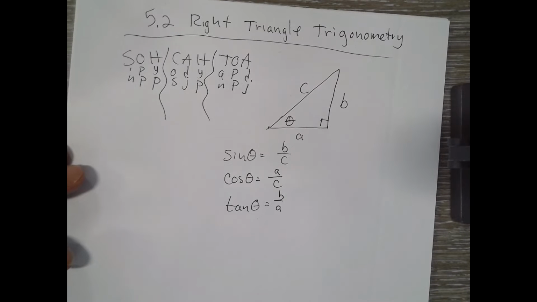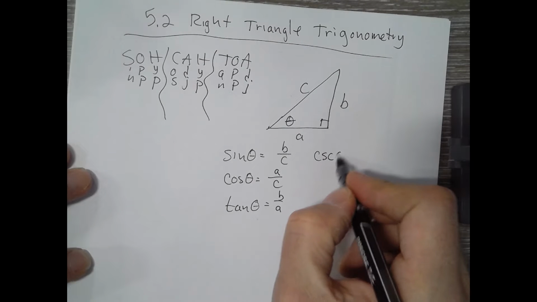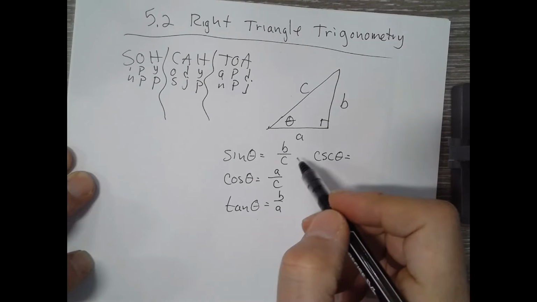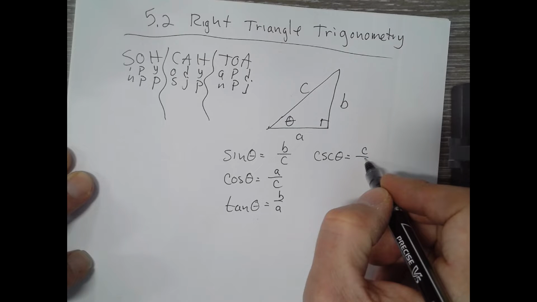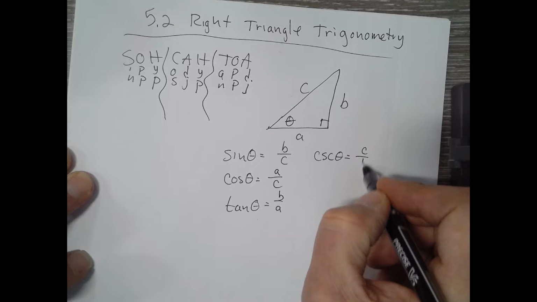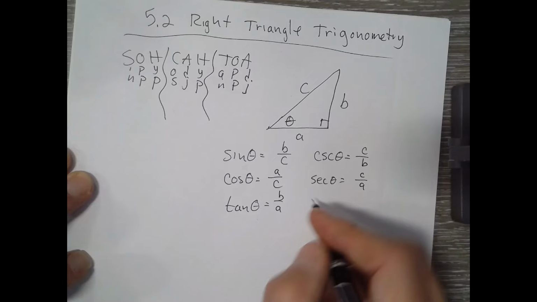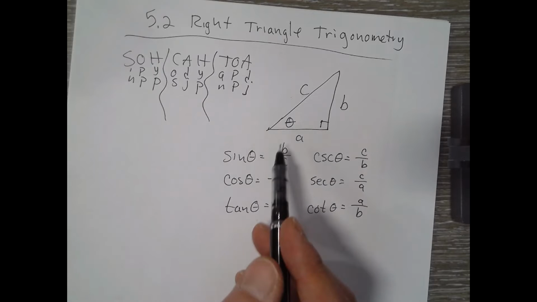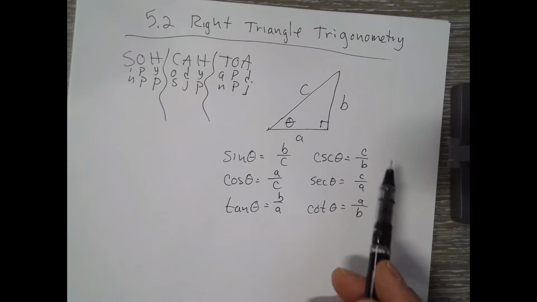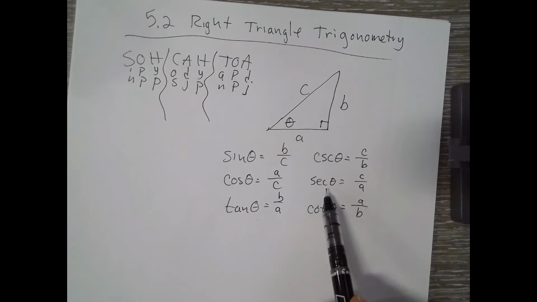There are three more. If I take the reciprocal of sine, that is the cosecant of theta. We know less about cosecant, but really it's just the reciprocal of sine, so it's C over B. The secant of theta, and the cotangent of theta is the reciprocal of tangent, that would be A over B. So you can use SOH CAH TOA to find sine, cosine, tangent, but you have to remember that cosecant and sine are reciprocals, secant and cosine are reciprocals, and cotangent and tangent are reciprocals.